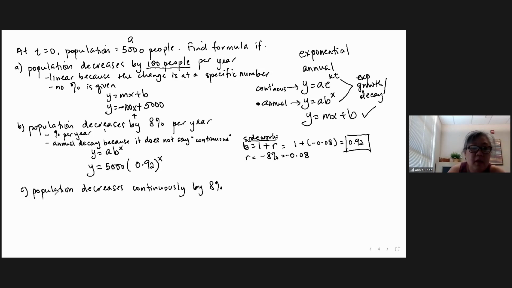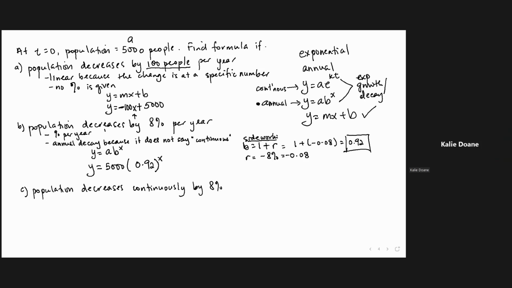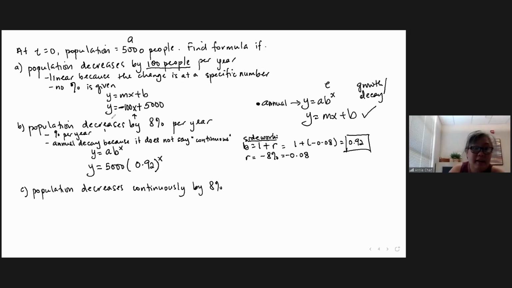One more. What about this one? That would be a continuous. So how do you know? Because it says continuously. It gives you a percentage. They give you percent, right?